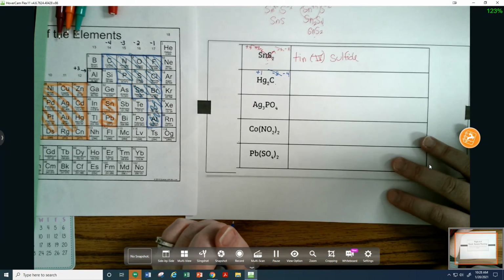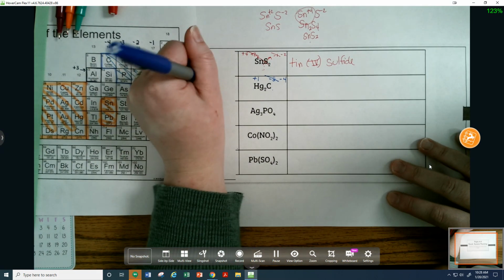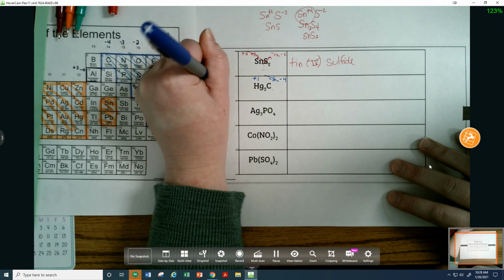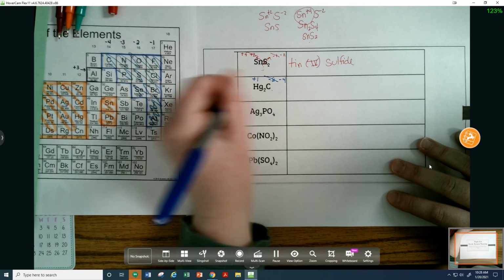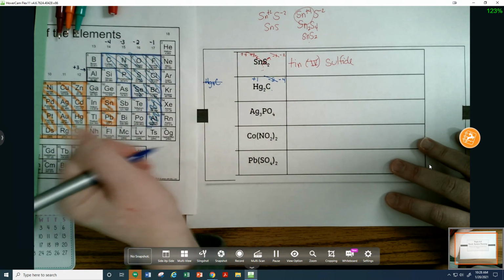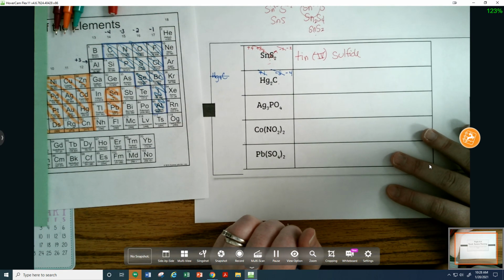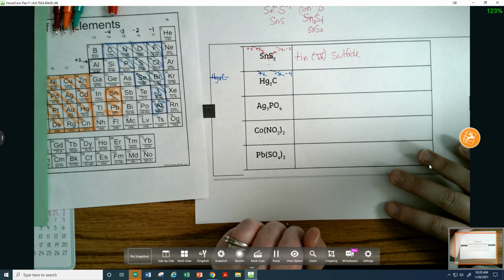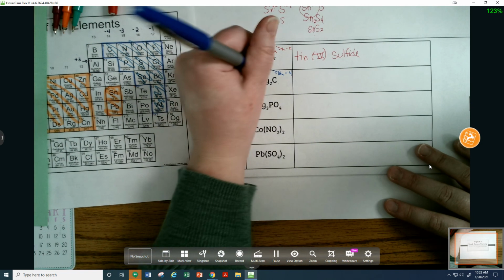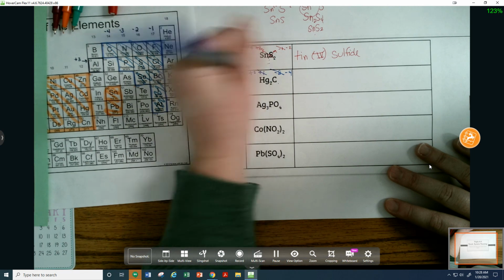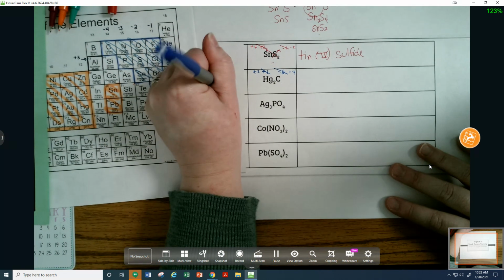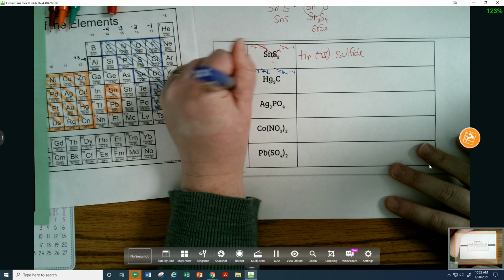If I were to work it out using that technique, this would say that Hg4C. That does not match up. So that is not correct. Mercury is not a +1. So again, like the tin, something had to simplify with the 4. Go up to your next even number, which is a 2. Work it out. So we have Hg +2, carbon -4.